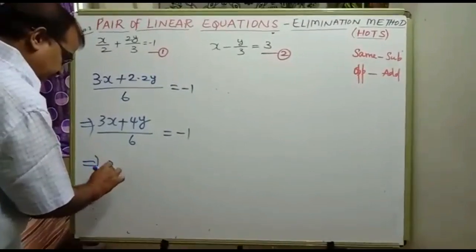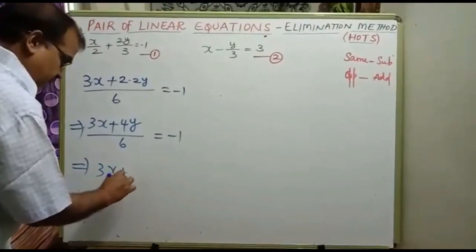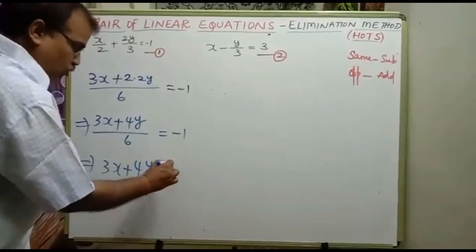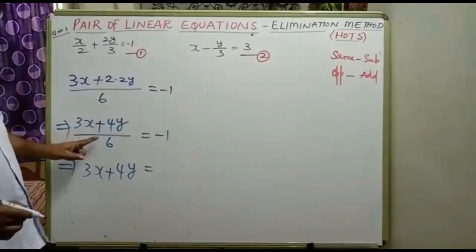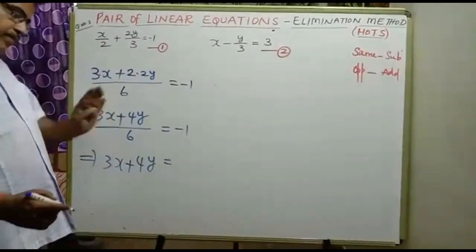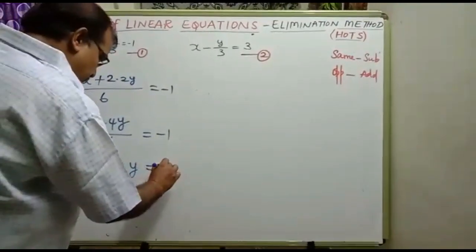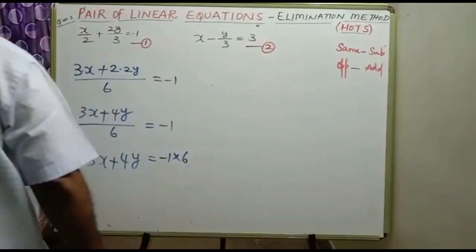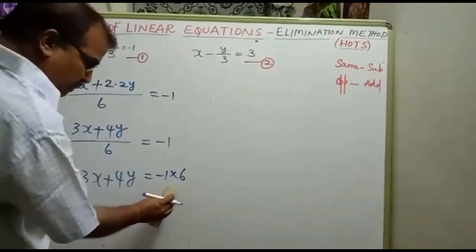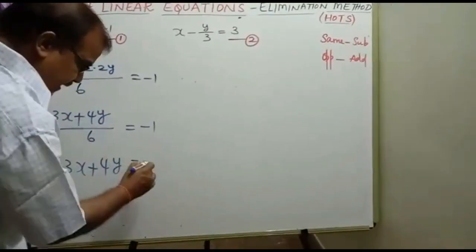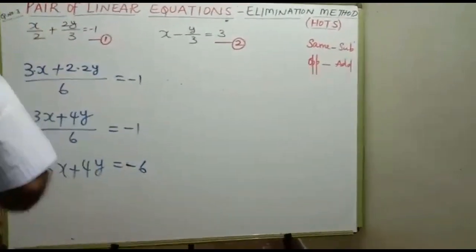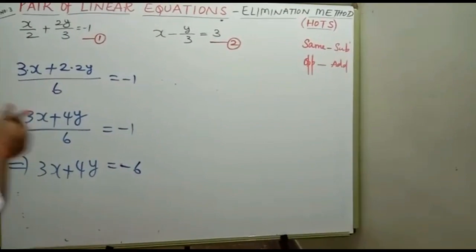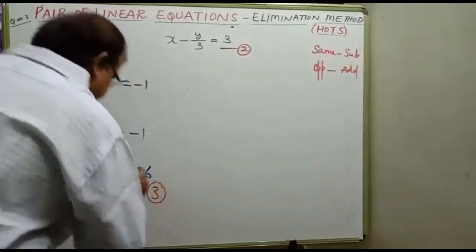That implies 3x plus 4y is equal to minus 1 by 6, transposing from this side to that side into 6, minus 1 into 6 is minus 6. This is equation 3.